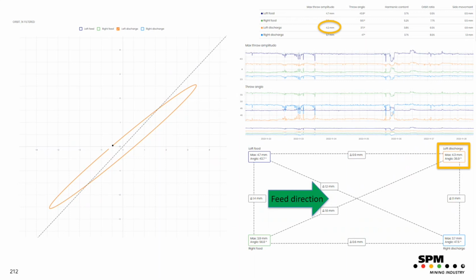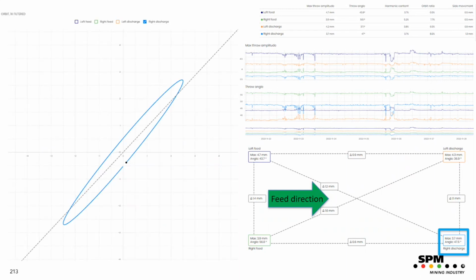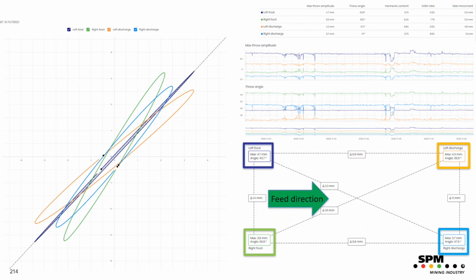We have 4.2 millimeters maximum throw amplitude, and the orbit ratio is 6.5% in this case. And in the last corner here, it looks something like that with a throw amplitude of 3.7 millimeters and 8.5% orbit ratio.